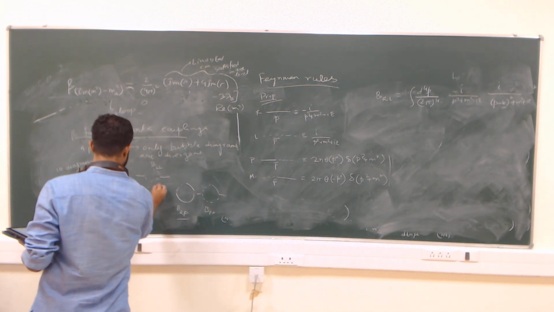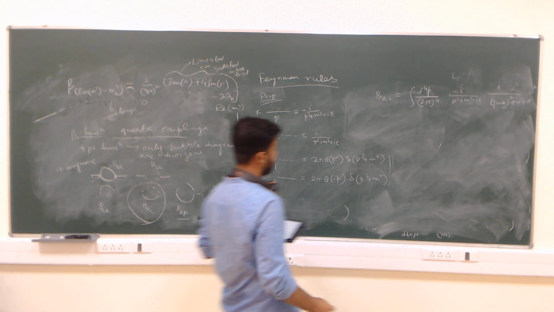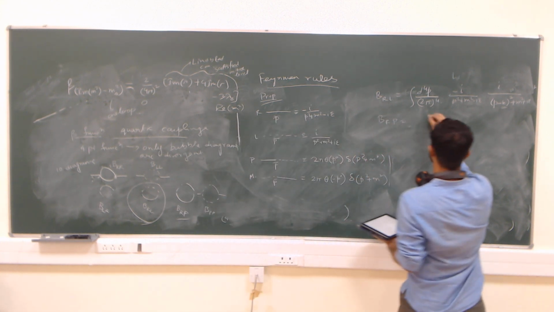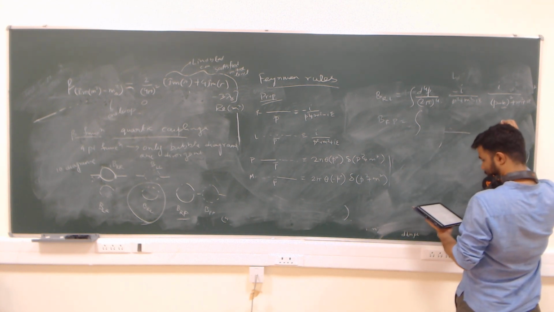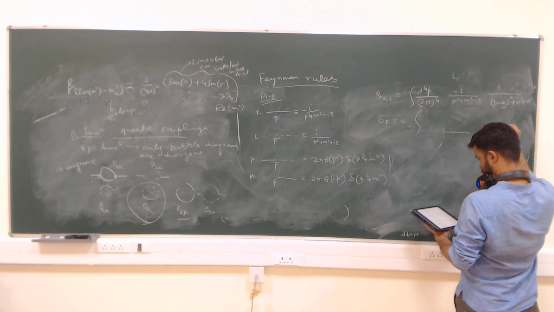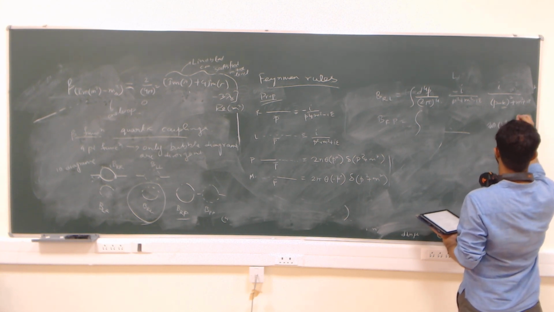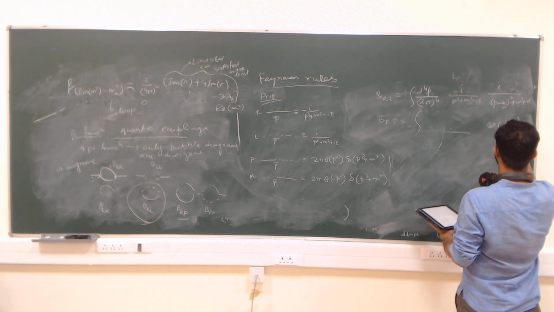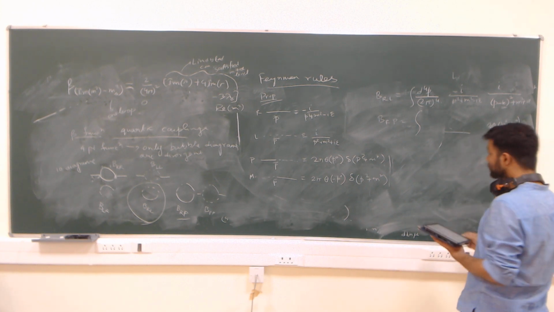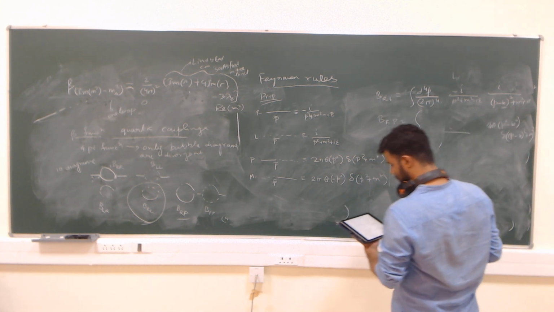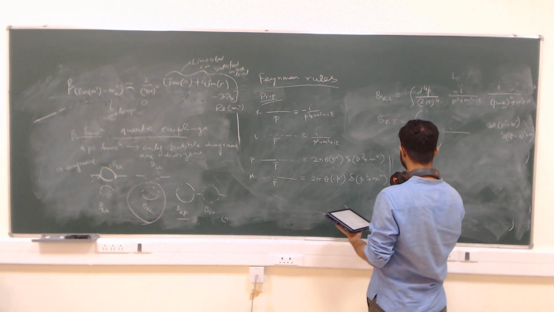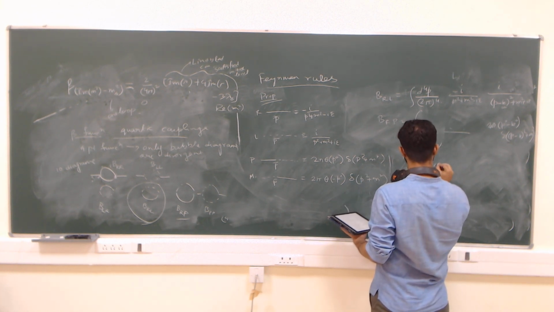Similarly for RP, this part will be the same. In the place of T, I will write theta P0 minus T0 and the P minus T0. K is the external momentum.